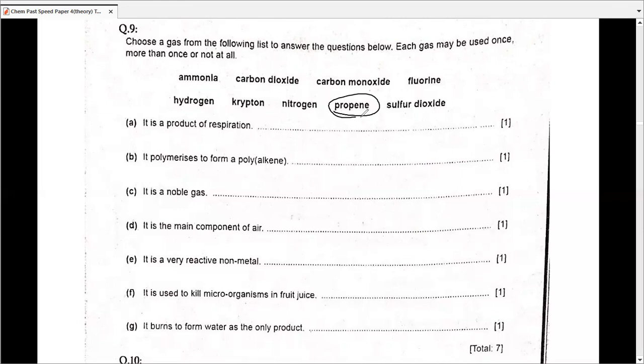It is the main component of air. Nitrogen. Good.